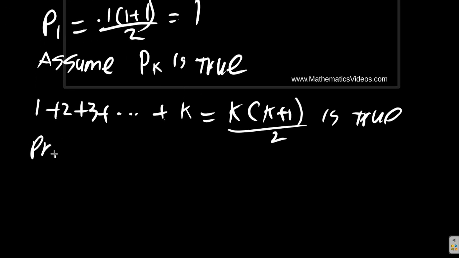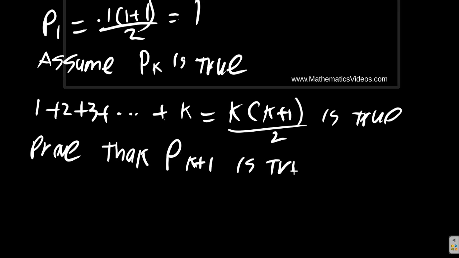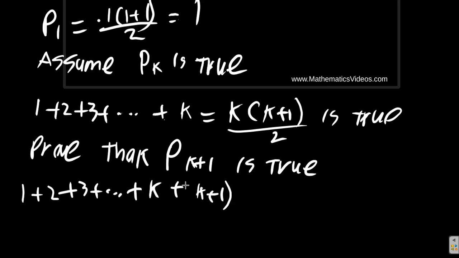So what we need to do now is prove that Pk plus 1 is true. So what we have now is 1 plus 2 plus 3 plus dot dot dot plus k, and after we reach k, we go to the next term, which is k plus 1. That is equal to, now remember, we're going to replace k with k plus 1.